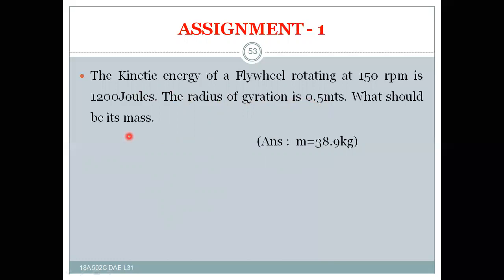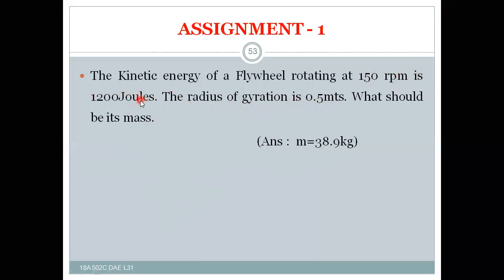So energy is there for us in this. So generally kinetic energy is equal to half I omega square. Omega you can calculate with this, and the joules is also there.